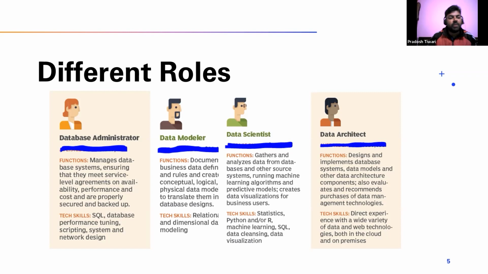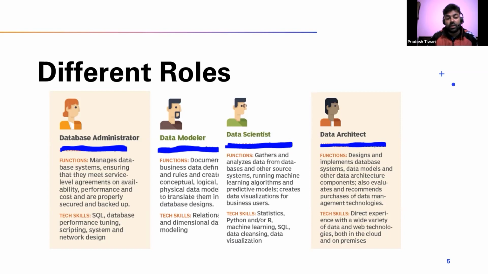So database administrator and data engineer take care of the maintenance and performance of the databases, and along with that, they make sure the service level agreements with the different sources are made. They take care of performance tuning and networking related design.